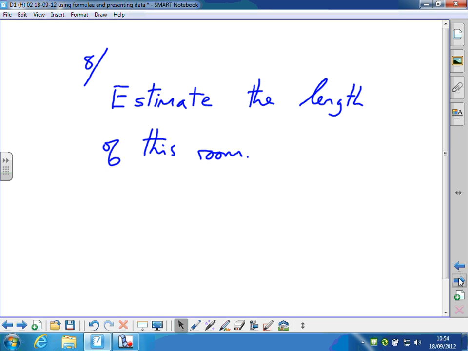Number 8, estimate the length of this room in whatever units you deem appropriate. The length, so by that I mean from front to back.